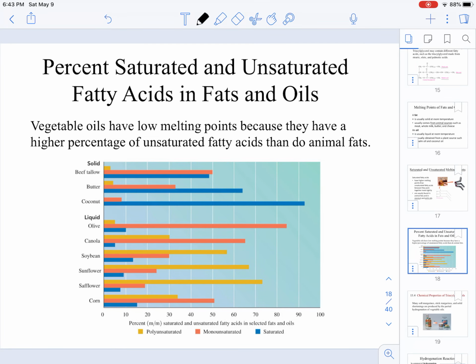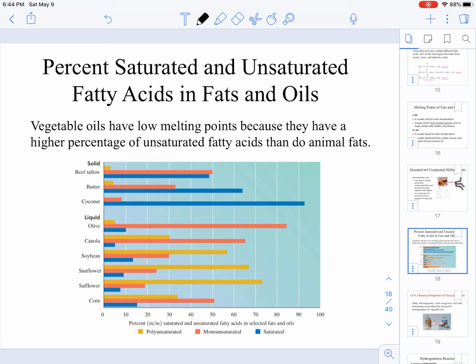The following graph gives you the percentage of saturated and unsaturated fatty acids in fats and oils, okay? We know that vegetable oils have low melting points, and the reason is because they have a higher percentage of unsaturated fatty acids when we compare them to animal fats.